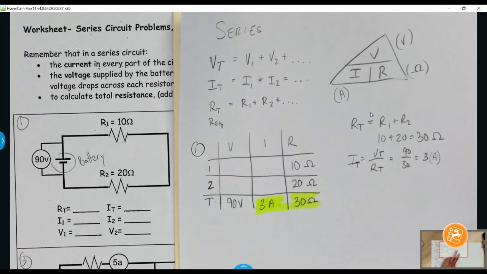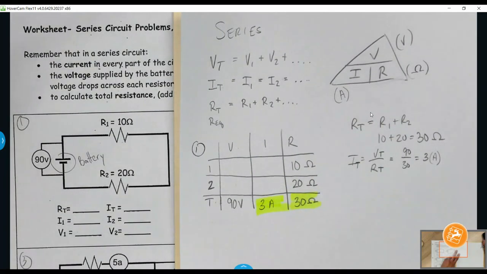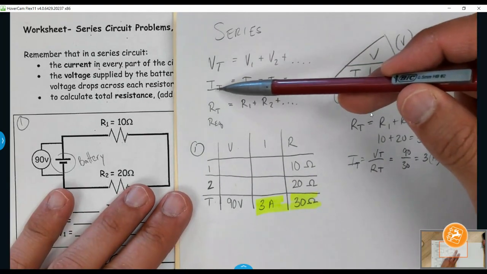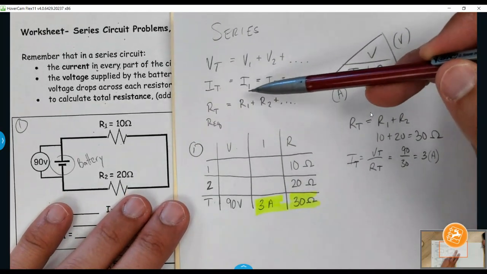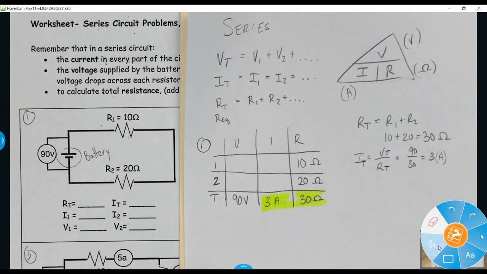Awesome. Problem. I don't know what to do from here. I'm missing these pieces of information. How am I supposed to find V1, V2, I1, and I2? Well, let's take a look at our rules again. Total current is equal to the current going through resistor 1 and through resistor 2.